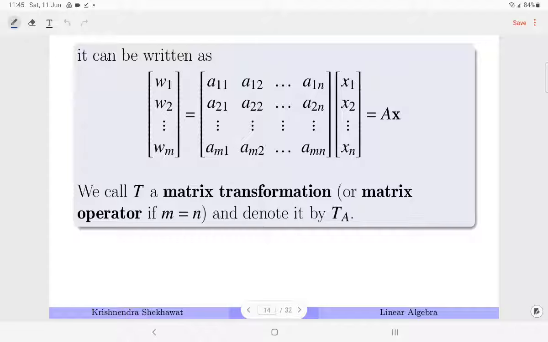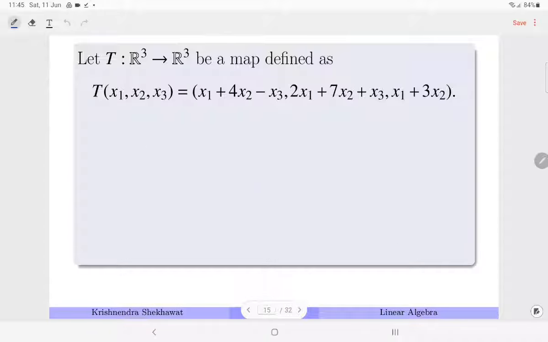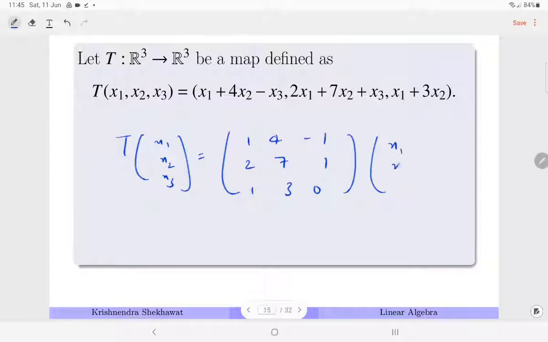It means that if you can express any transformation T(x) in the form of Ax, then we say T is a matrix transformation. If you see this example where T(x1, x2, x3) is defined as follows, I can write T(x1, x2, x3) as the matrix [[1, 4, -1], [2, 7, 1], [1, 3, 0]] times (x1, x2, x3), and therefore T is a matrix transformation.